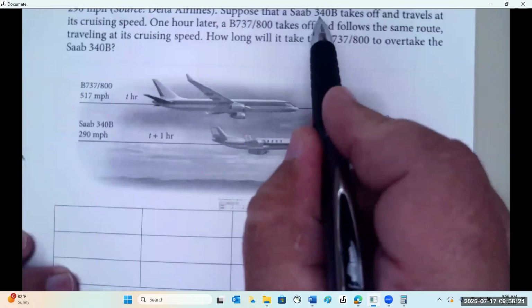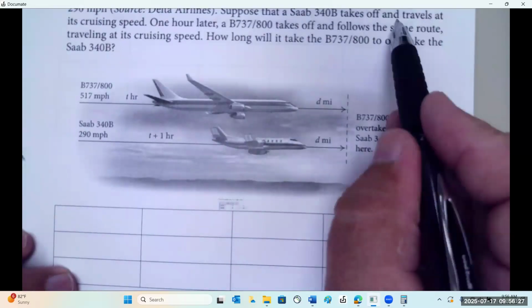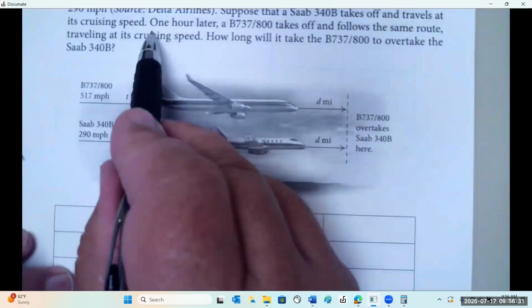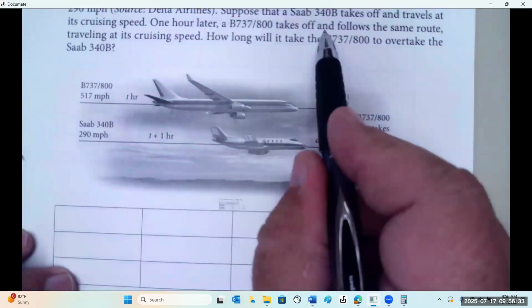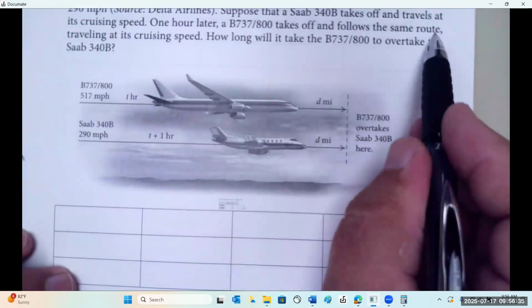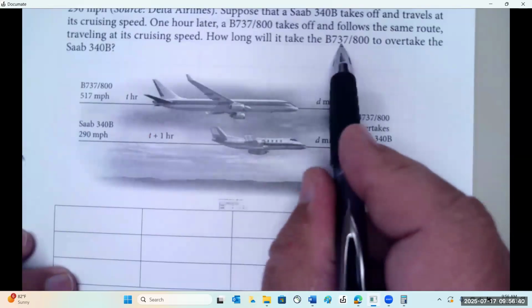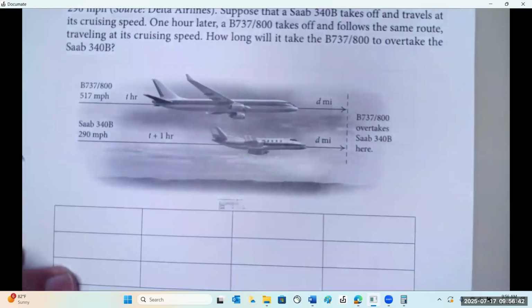Suppose that a Saab 340 takes off and is traveling at its cruising speed. 1 hour later, the 737 takes off and follows the same route at its cruising speed. How long will it take the 737 to overtake the Saab 340?